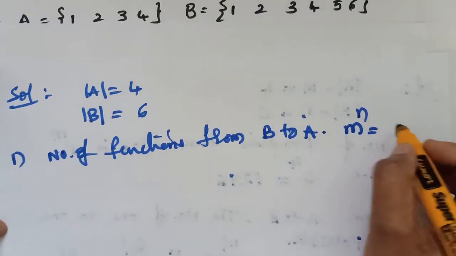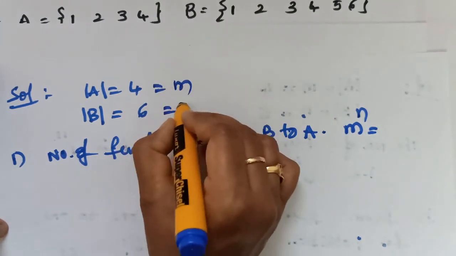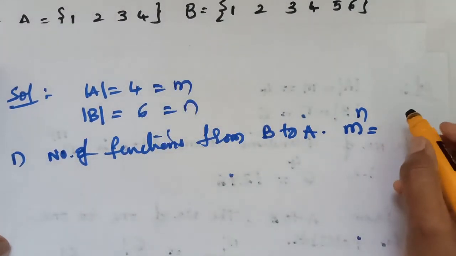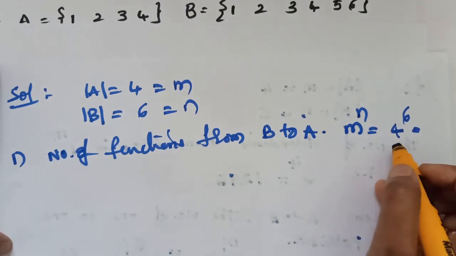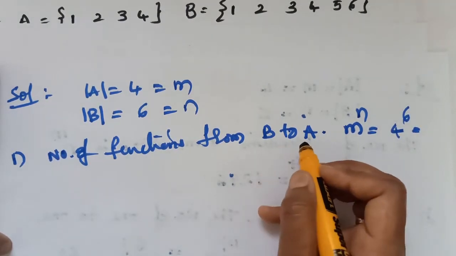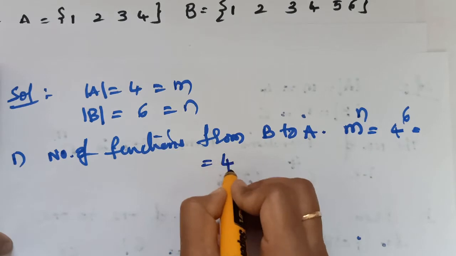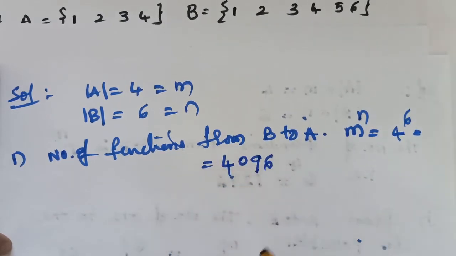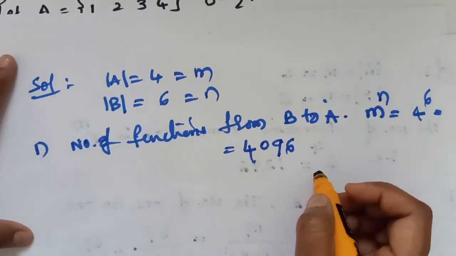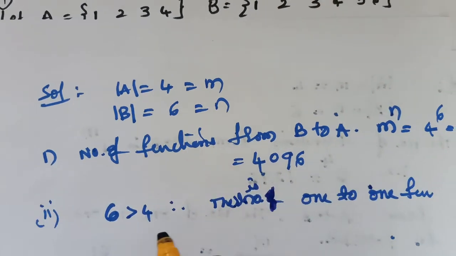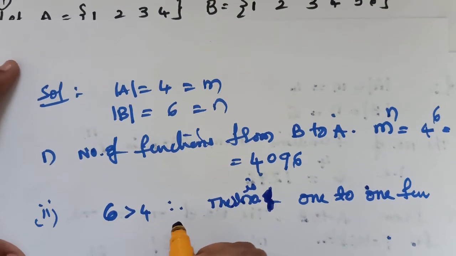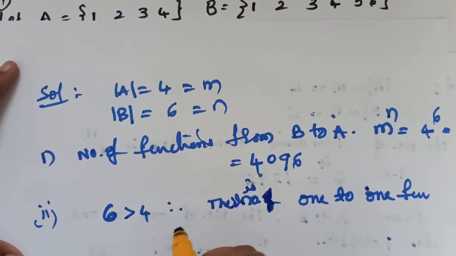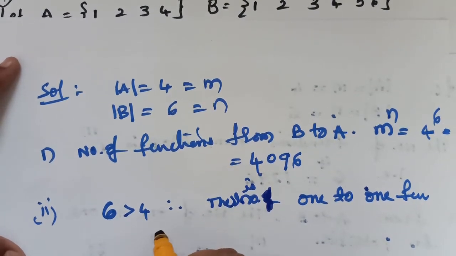So m is equal to 4, n is equal to 6. So 4 power 6 possible functions are there from B to A, that is 4096. To know how many 1-to-1 functions there are from B to A, you need to check the condition.